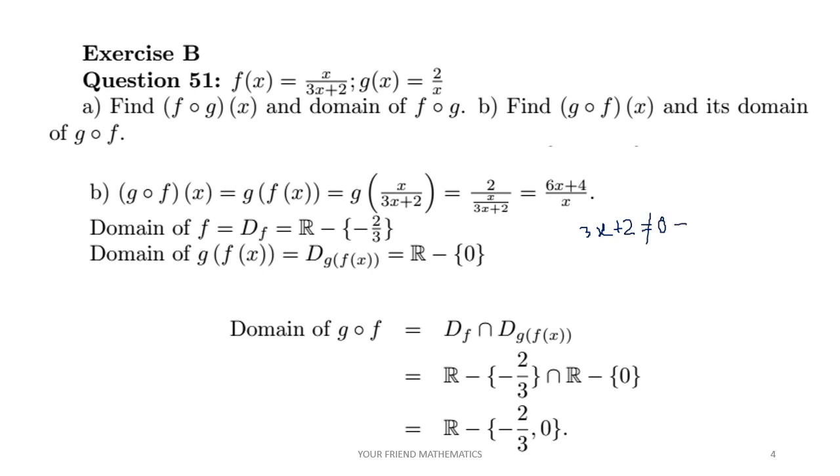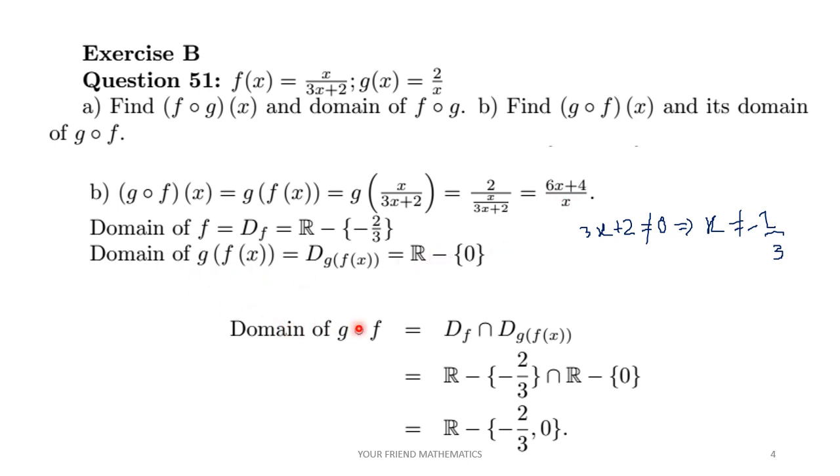This means x can't be minus 2 by 3. So domain of f is all real numbers except minus 2 by 3. And g of f of x is 6x plus 4 over x. It is also a rational function and x can't be 0. So domain of g of f of x is R minus {0}.